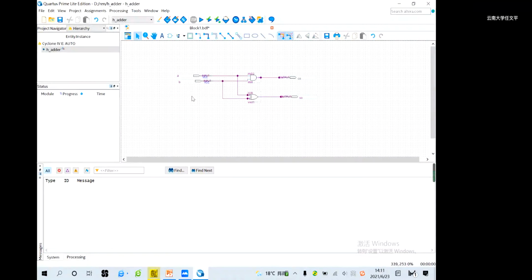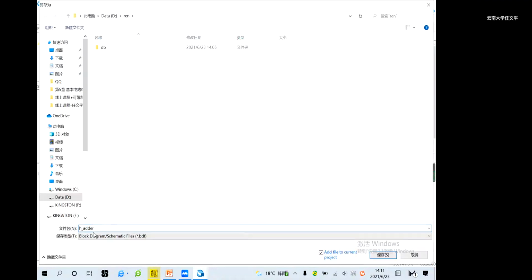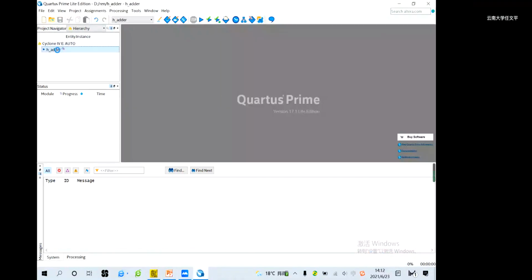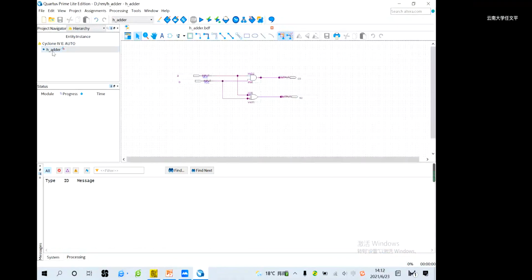Next, I must save this file. The name must be the same with the project name. This project name links this file.